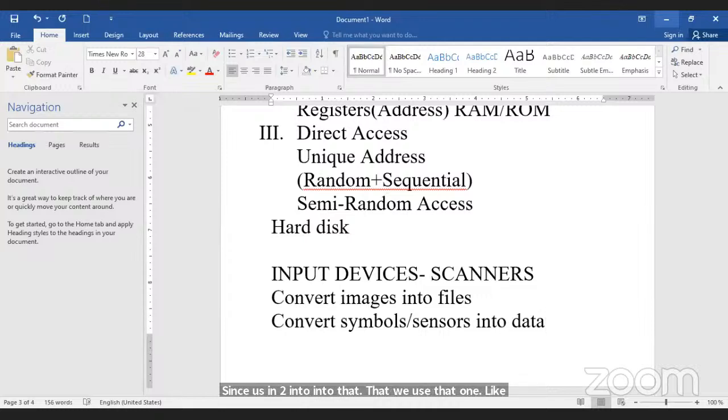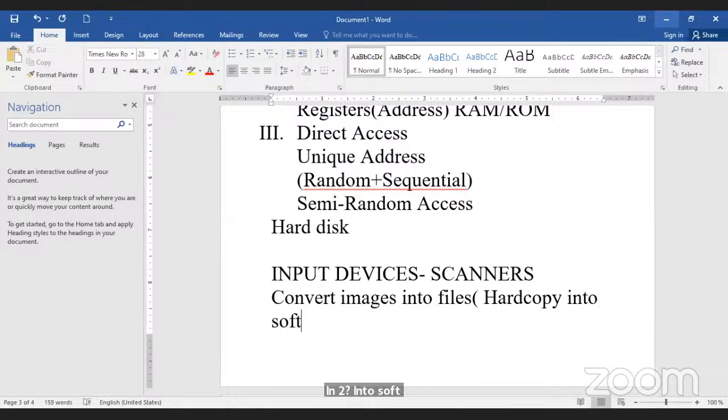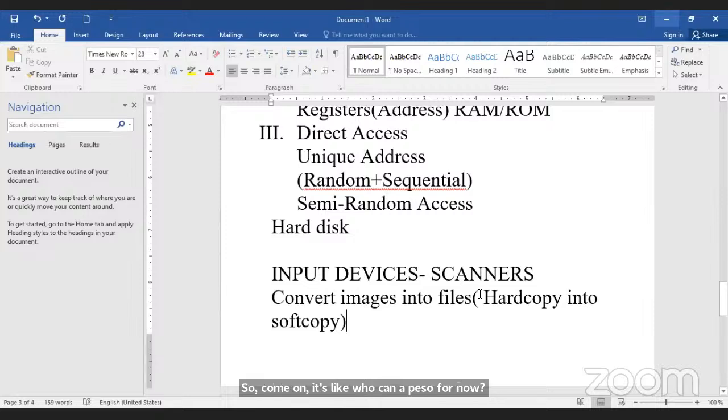Like when you go and scan a document in the cyber, you have a hard copy, and it converts the hard copy into soft copy. It is like when you have cash, say 200 shillings, and you go to M-Pesa and deposit it to your M-Pesa.